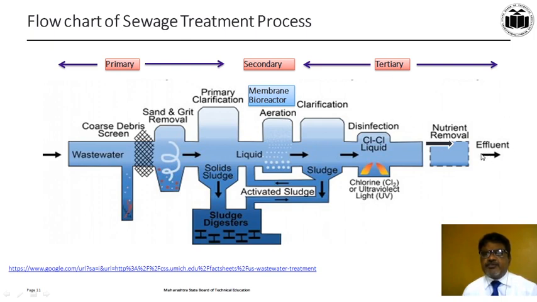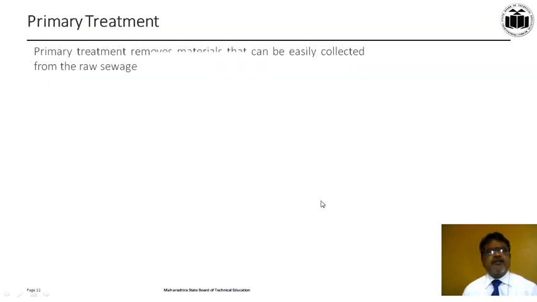Then this treated effluent, as per the required standard, is ready for disposal in the environment, in the water bodies, or for agriculture purposes. So this is a schematic flow diagram of the sewage treatment process. Now let us study one by one.